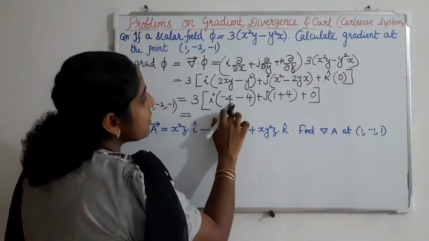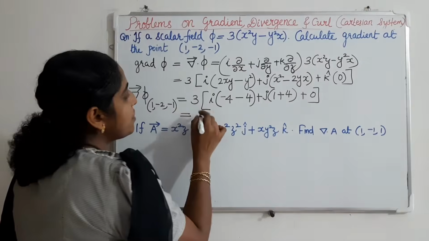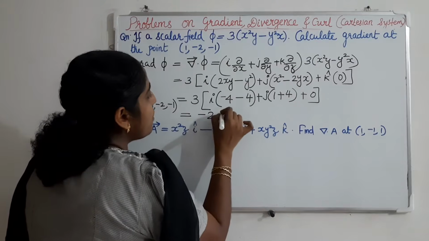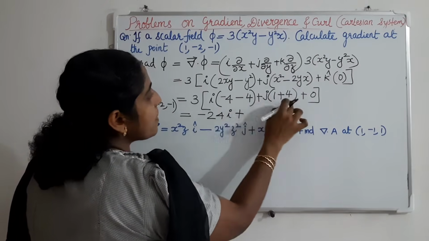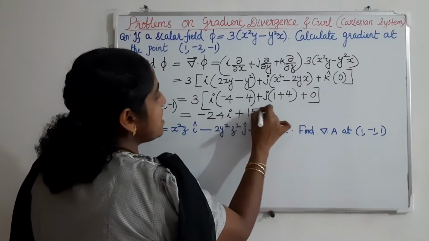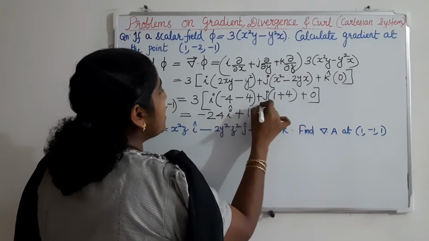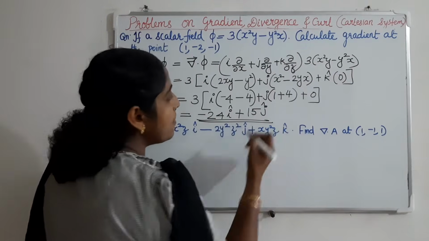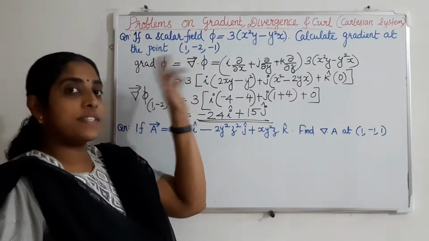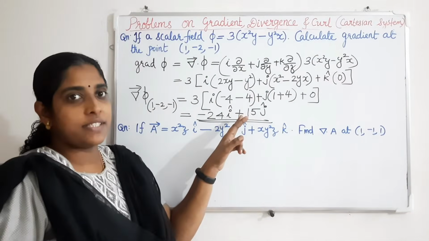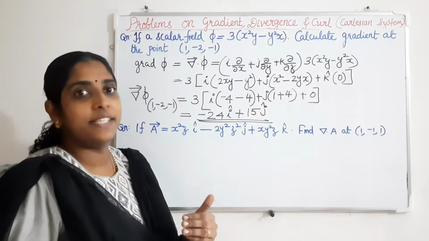That is (−4 − 4) = −8, into 3 is −24i, plus (4 + 1) = 5, into 3 is 15j. So this is the gradient of the function at the given point. Gradient of a scalar function is a vector; gradient is a directional derivative.